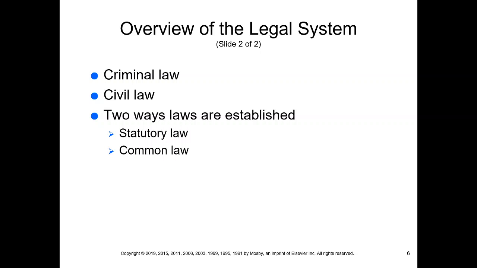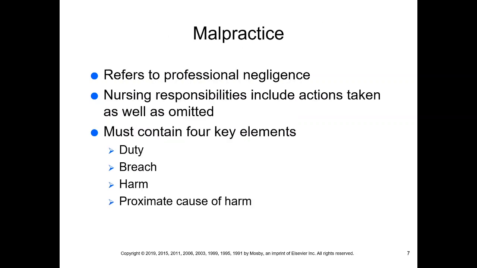Federal, state, and local governments develop statutory law, and then common law is the other one. It evolves in response to specific legal questions that come before the court and usually follows precedent. Just so you can look at those, they're definitions of what type of laws we have.